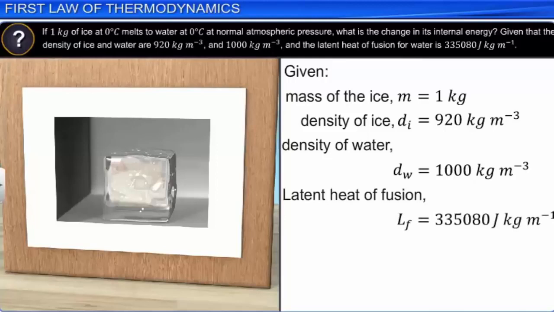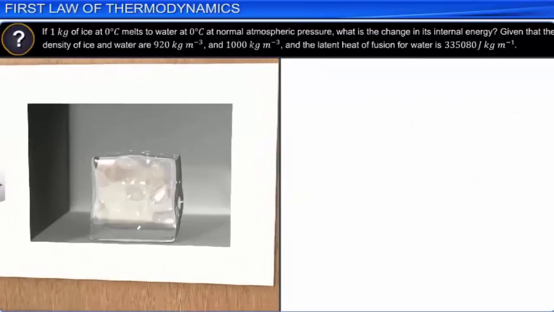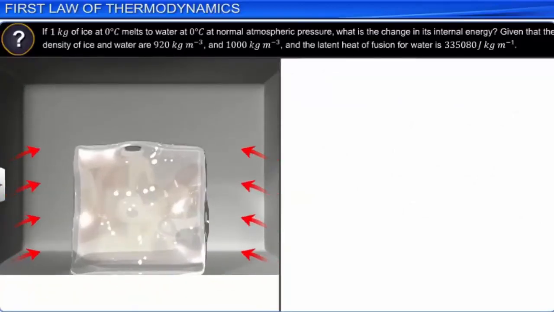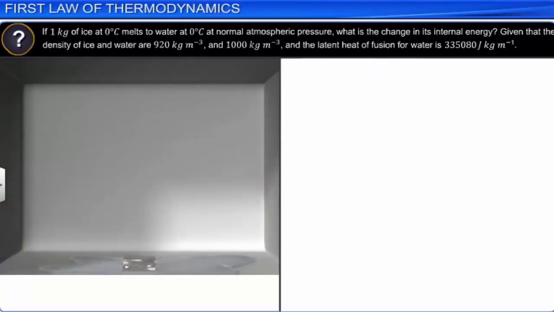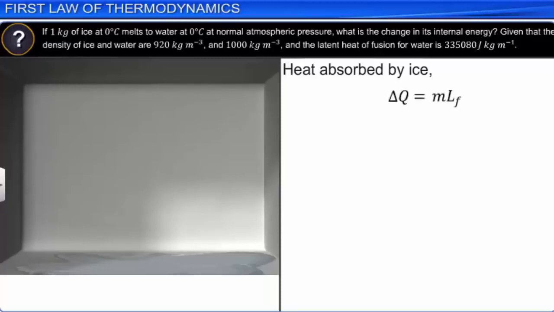On absorbing heat, the ice melts to water. If the heat absorbed by the ice is delta Q, then delta Q is equal to m into LF, which is equal to 335,080 joules. Let this be equation 1.